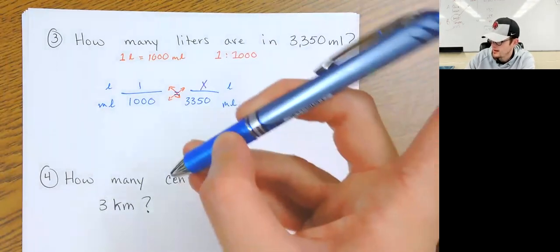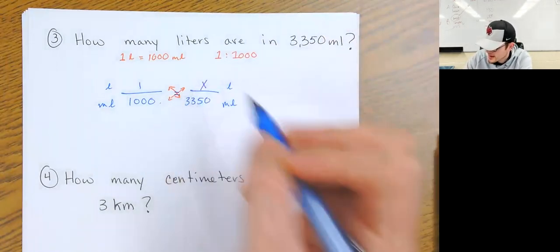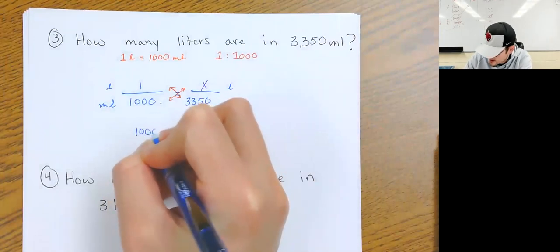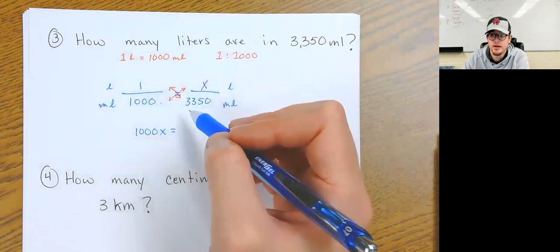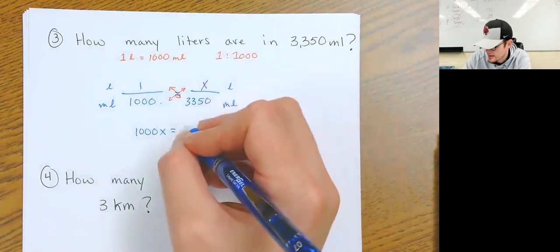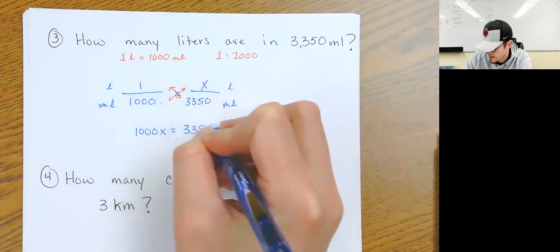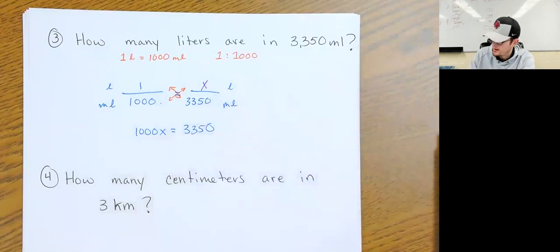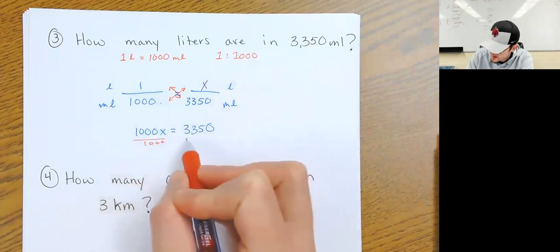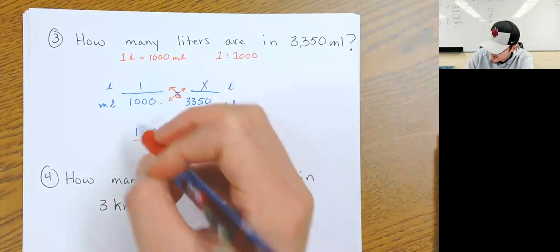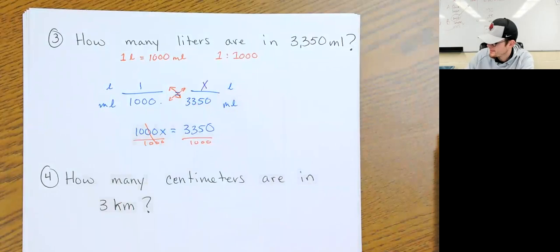All right, so I get 1,000 times x, 1,000x. 1 times 3,350 is 3,350. And then we need to cancel out multiplication, so we divide by 1,000 on both sides. Cancels out.